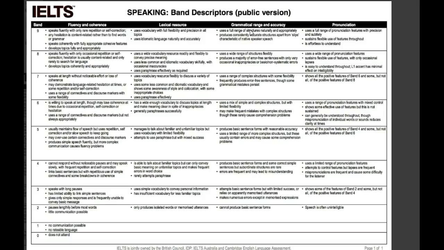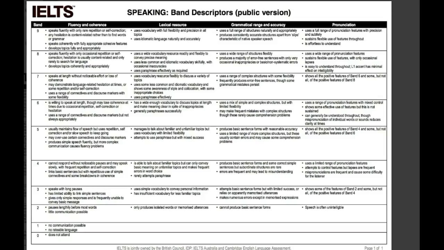Just like with writing, because in writing we are scored on 4 criteria as well, although one of the criteria is different. So here we have pronunciation, whereas in writing we have coherence and cohesion. But again, you are scored on 4 different areas. That's the whole point.